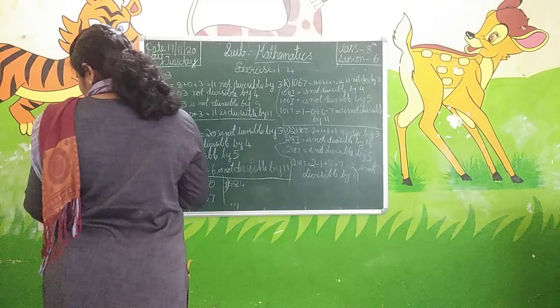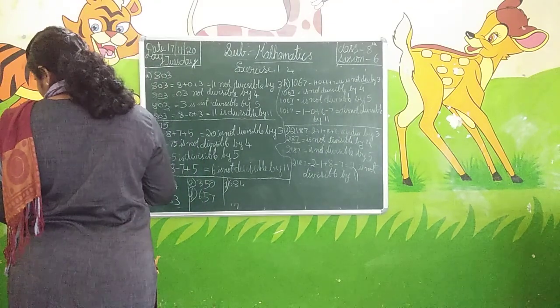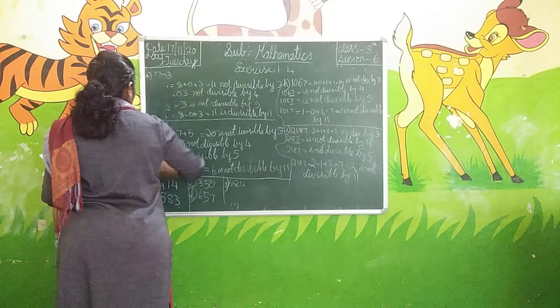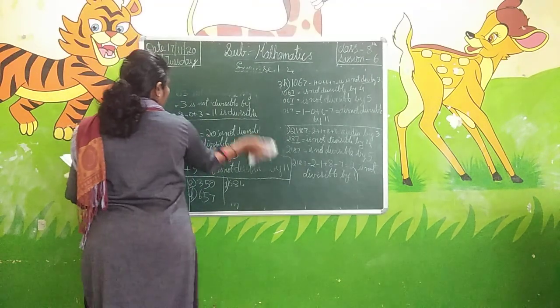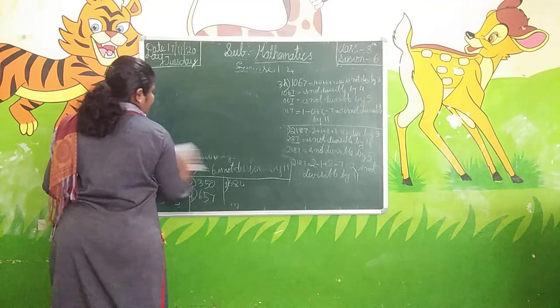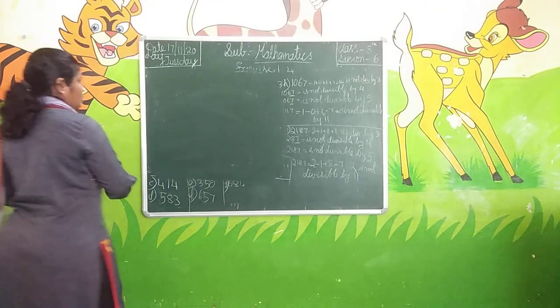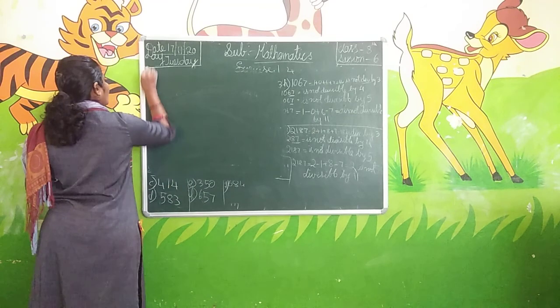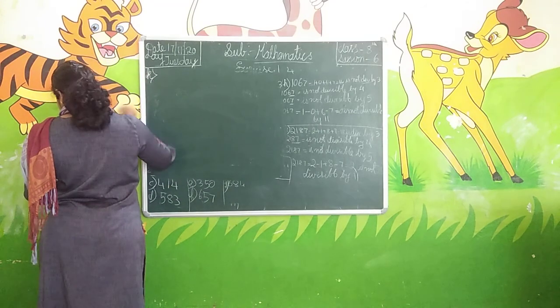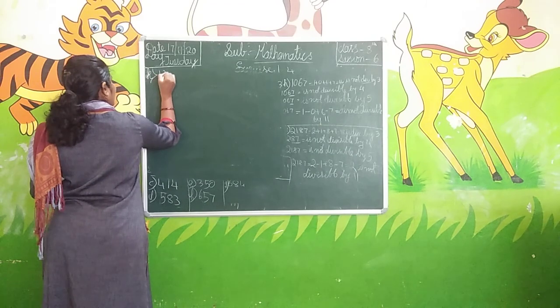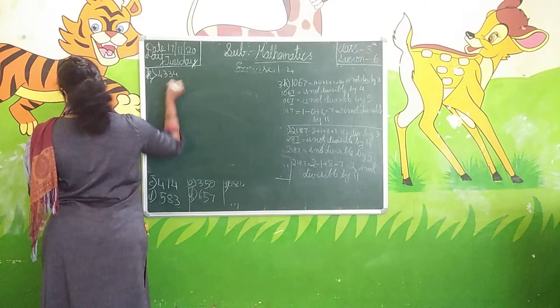This one also is a 4-digit number, so I am doing it for you now. 4334.